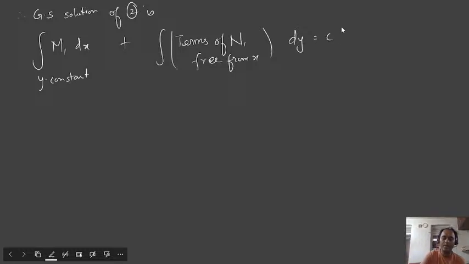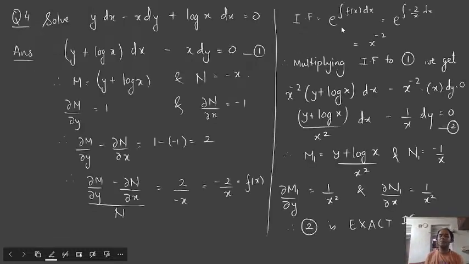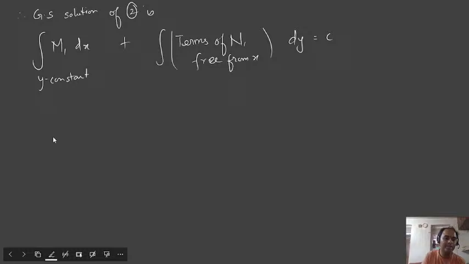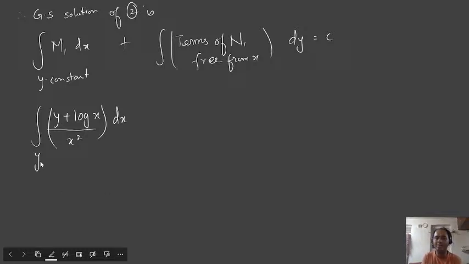equals c. Now see this, if we try to do this again over here, I would like to tell you that if we do this, (y plus log x) over x square, again a difficulty is going to come while doing the integration. Log x over x square, when we try to integrate, it is going to create a havoc for us.